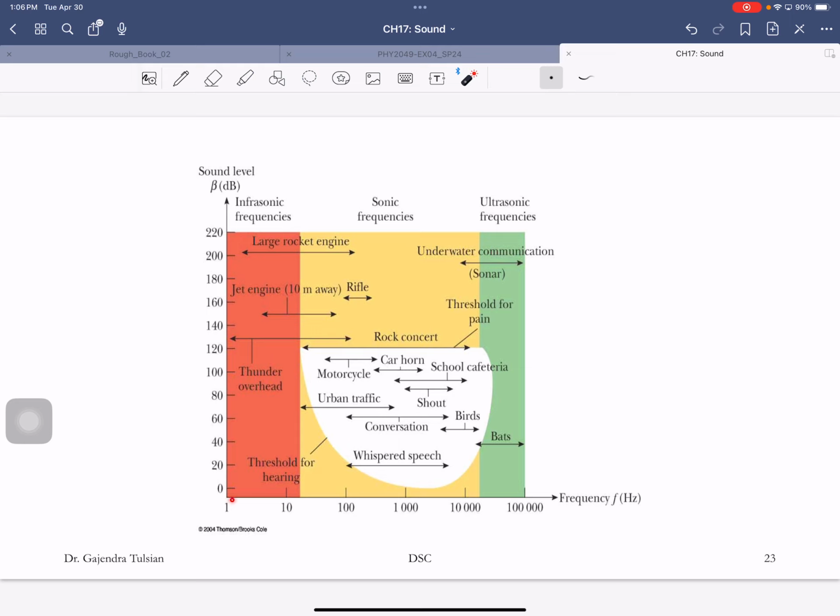Below 0 decibels you can't hear. At 0 decibels, you can hear that sound if its frequency is 3,500 hertz. If it's 100 hertz, you have to go to 20 decibels before you hear it, and so on. So this is showing you the frequency dependence.